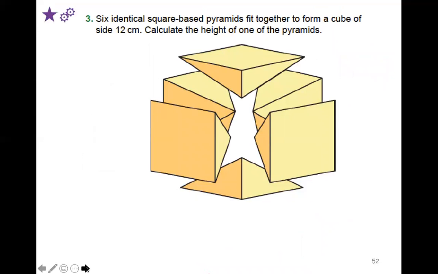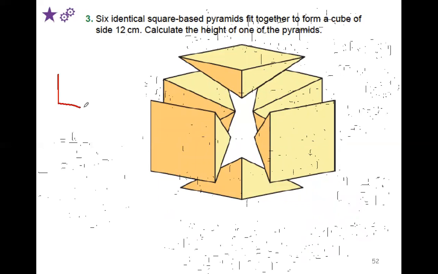And in here you've got a bit more complicated. But to do this, I'm looking at these. So you've got 1, 2, 3, 4, 5, 6 similar shapes. So 6 identical square base pyramids fit together to form a cube. So you've got the cube of side 12.